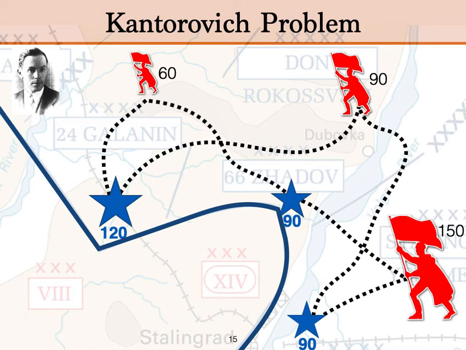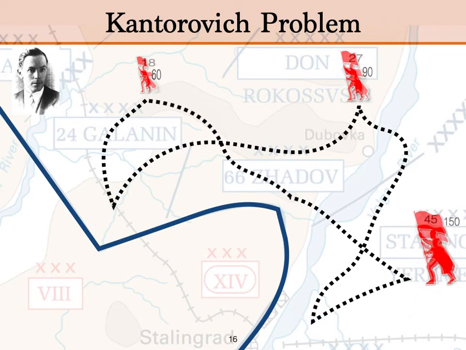We need 120,000 soldiers on the left, and 90 and 90 in the other two locations. In terms of proportions, we need exactly 4 soldiers on the left for every 3 soldiers that we put in the middle and 3 soldiers that we put in the bottom. The proportions are 4 to 3 to 3.